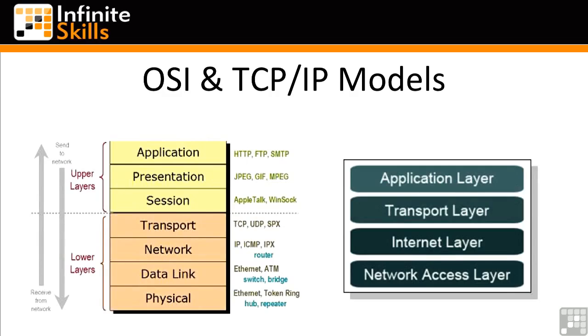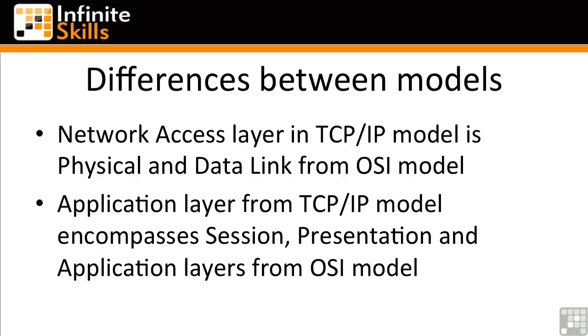So those are the really big differences between the OSI and the TCP/IP model. Anytime I refer to layers through the course of the rest of these videos, I'm going to be referring to the OSI model, in part because it makes it easier to differentiate the different functionality.